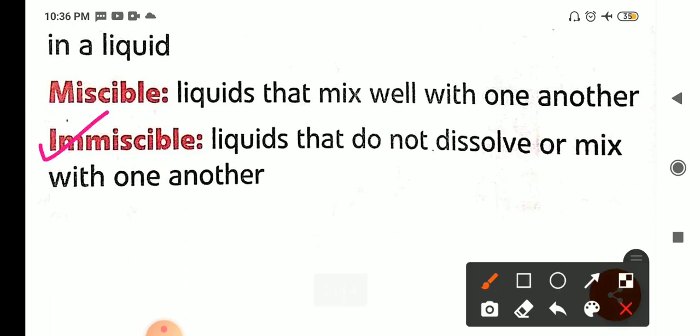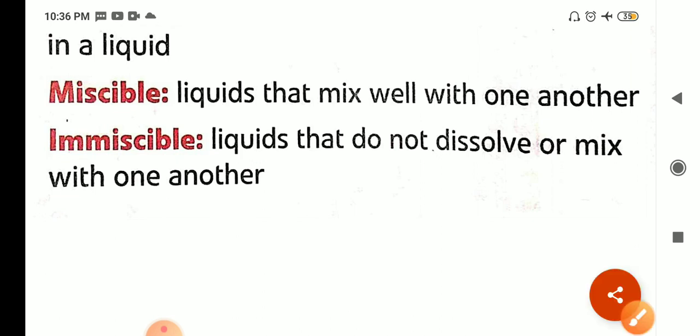It means the liquids that do not mix together or do not dissolve with one another are called immiscible liquids. For example, water and oil, right? They do not mix together, that's why they are called immiscible liquids.